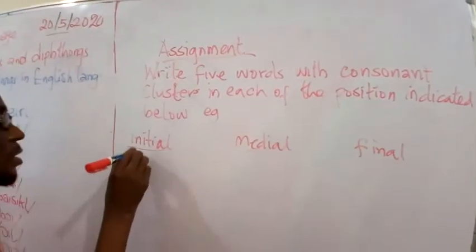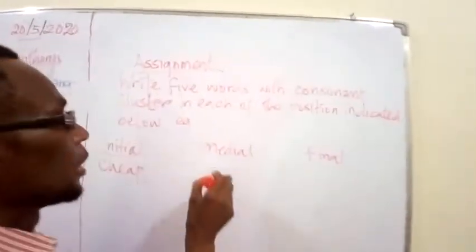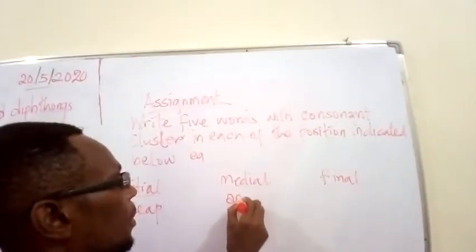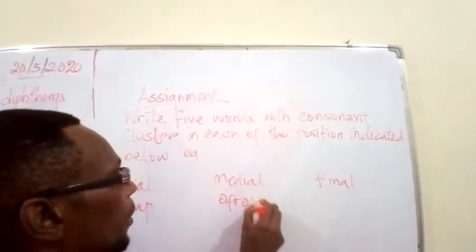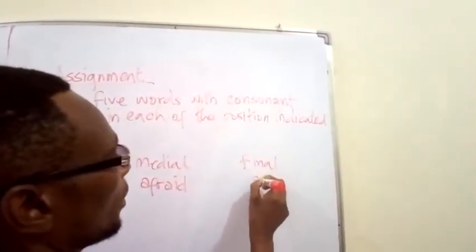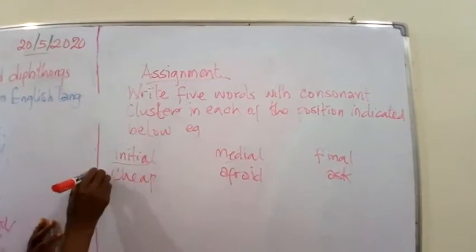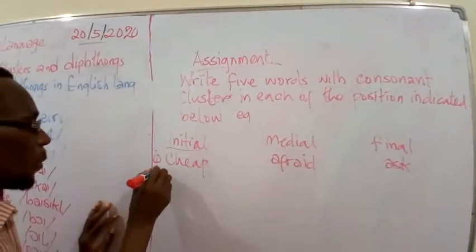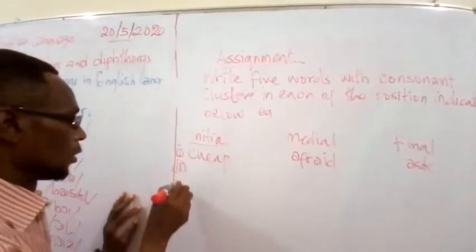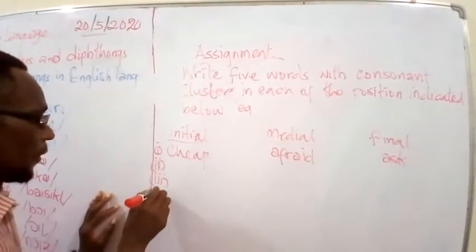For instance, this one, cheap. Then you have afraid. Are you afraid of this assignment? Then ask. All right. Now, this is 1. So you are going to supply the remaining 5.